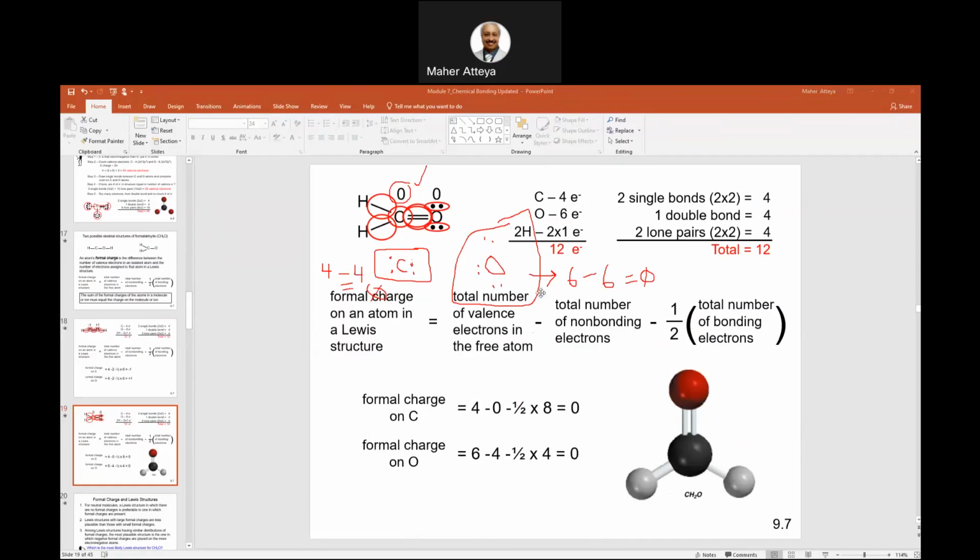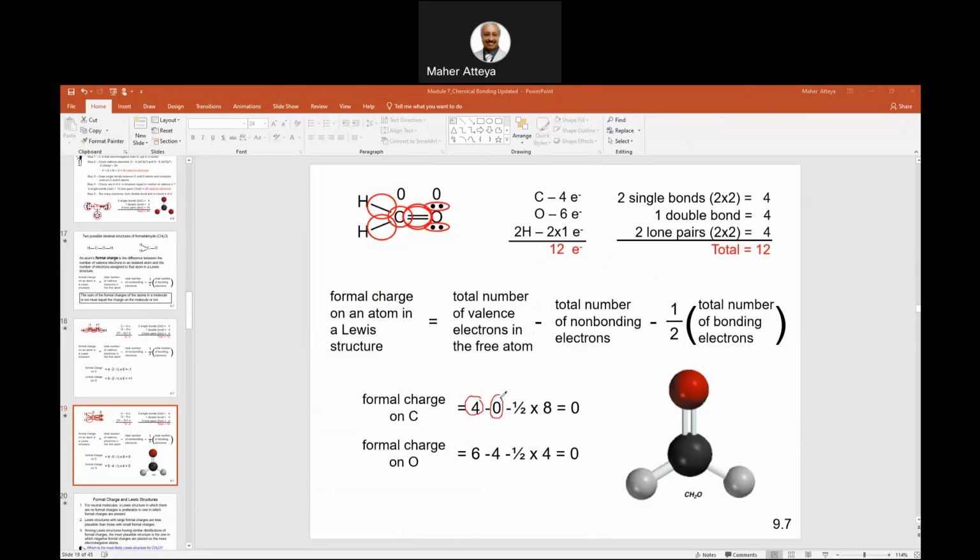Let's do the calculation together. Carbon first, total is 4. Minus, do we have non-bonding lone pairs? No, we have 0.